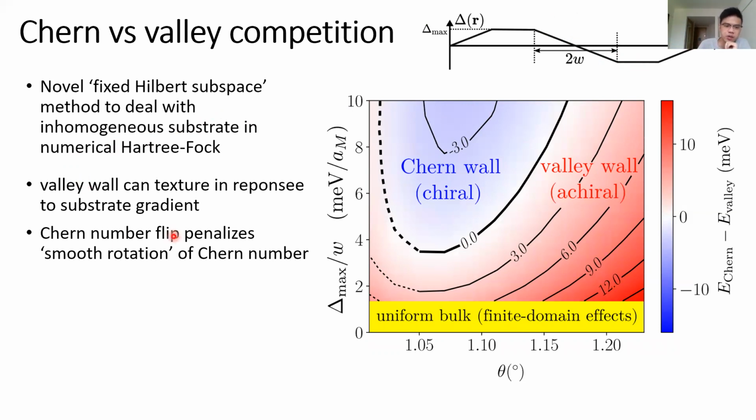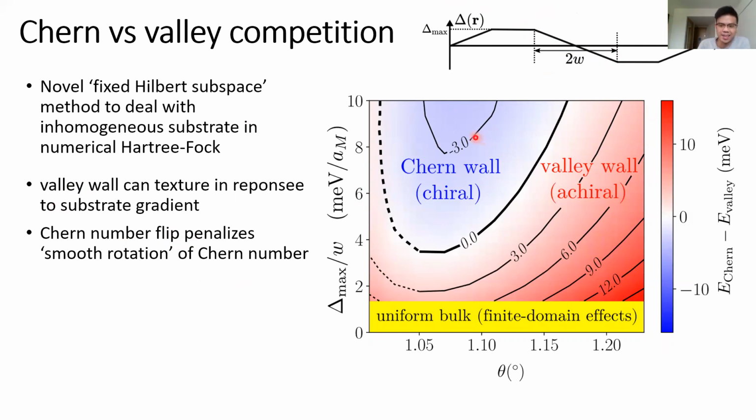On the other hand, you can show that the chiral wall, because it involves a flip of a Chern number, and you can't change the Chern number smoothly, can't actually texture. If you look at the numerics, you see that the Chern wall is very sharp, no matter whether you have a smooth substrate or a sharp substrate. Whereas the valley wall does indeed texture quite wide.